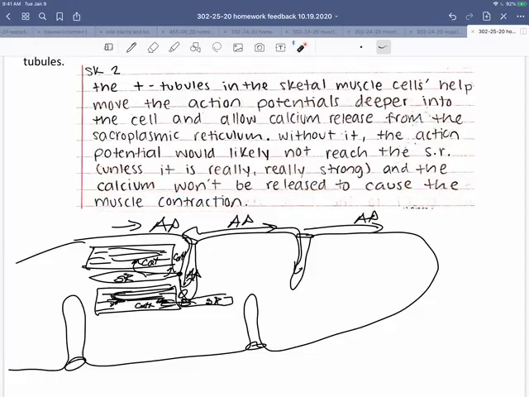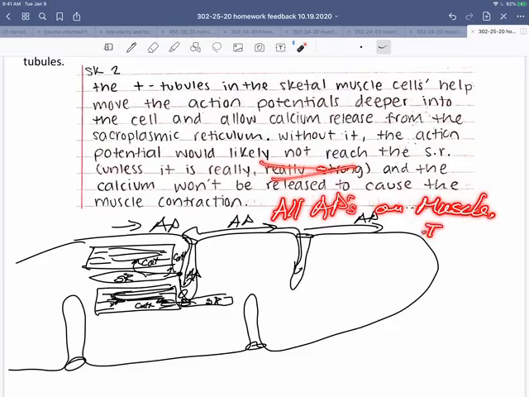I want to correct a potential misconception. I've had quite a few people say unless the action potential is really, really strong, but that wouldn't be the case. All APs on a specific muscle cell or neuron are essentially identical.